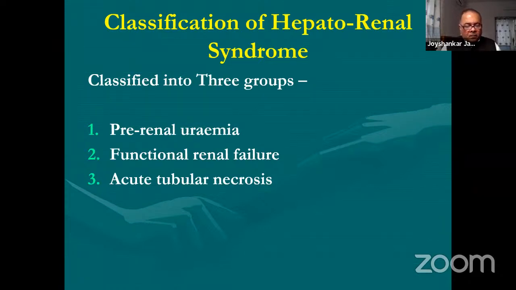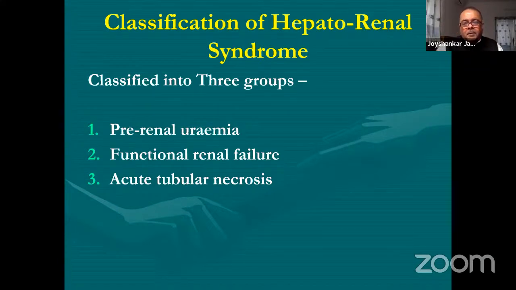And last is acute tubular necrosis, may be precipitated by acute episodes of hypotension. That is why you must avoid or prevent getting hypotensive, and avoid very severe deliberate hypotension anesthesia during the intraoperative period. So you have to maintain a normal, or rather real normal, mean arterial pressure.